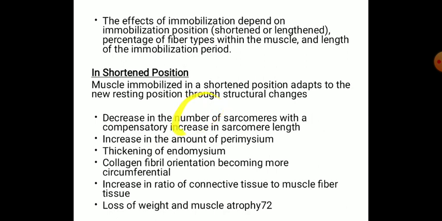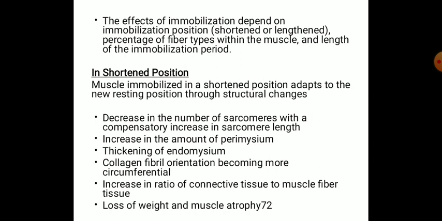The first thing is that it may decrease the number of sarcomeres in our muscle structure. When we discussed the basic structure of muscle, there is something called the sarcomere. Whenever we keep the muscle fibers in a shortened position, the sarcomeres may overlap, and unfortunately the number of sarcomeres may come down.